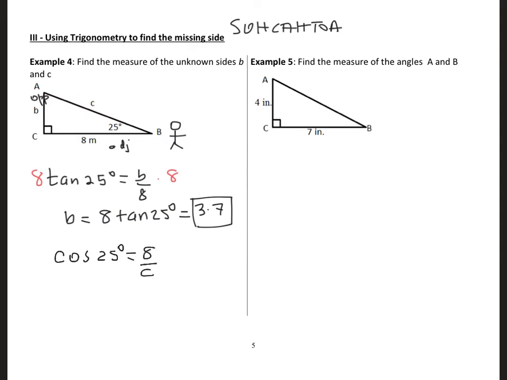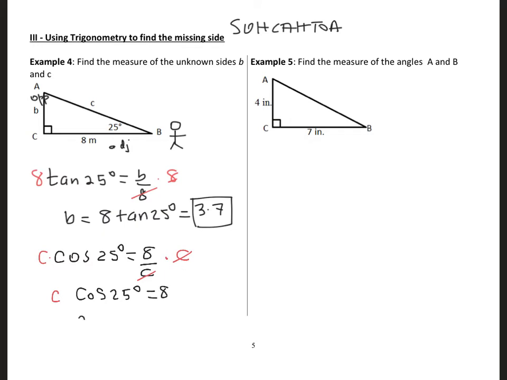And here we are going to multiply by C. So that's gone, and I'm left with C cosine of 25 is equal to 8.